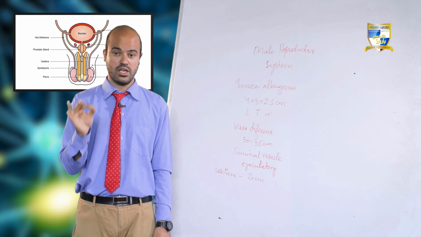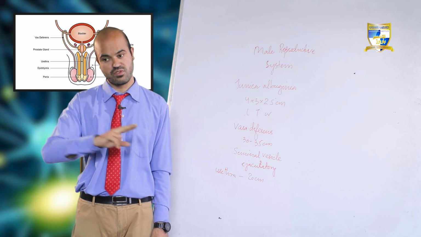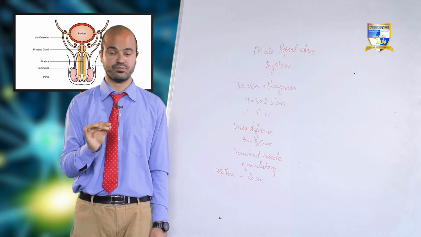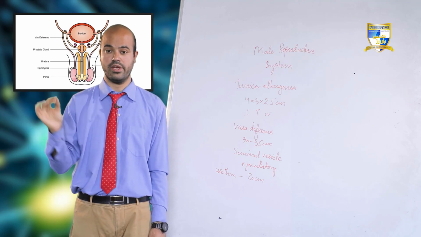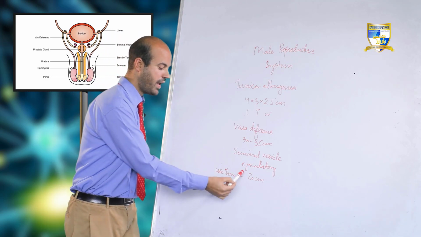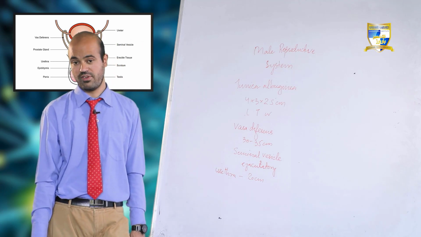That means in males, there is only one route for the discharge of sperm cells out of the body as well as for urination, that is expelling urine from the body. Both have the same route, through the urethra, and the male urethra is 20 centimeters in length. Fine.